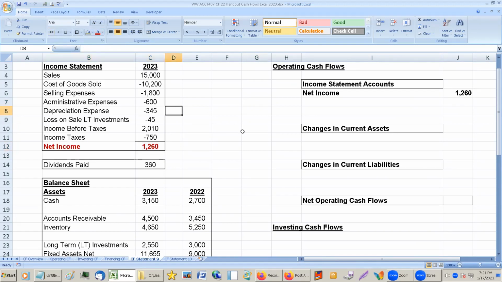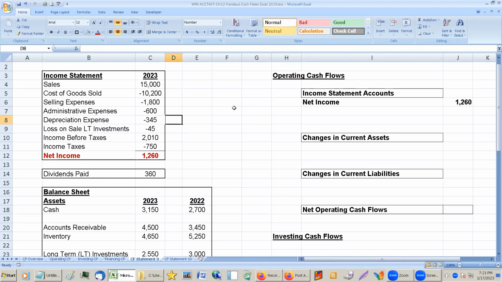What else do we need off of here? Depreciation and loss. Yep and yep. Okay, so depreciation expense.